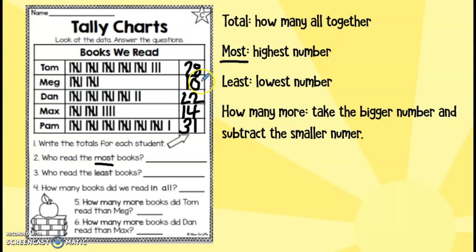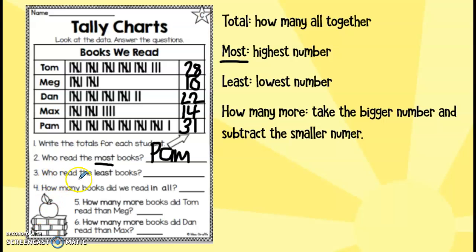So if we look at 28, 10, 22, 14, or 31, which one is the highest number or the biggest number? I would say that it's 31. 31 is the biggest number out of all of these. And who is it that read 31? Let's trace it across. And I see that Pam has read 31. So Pam has read the most books. So I would write Pam on that line.